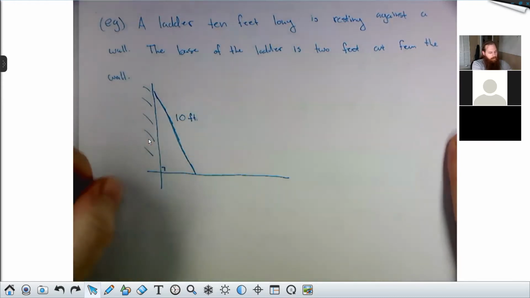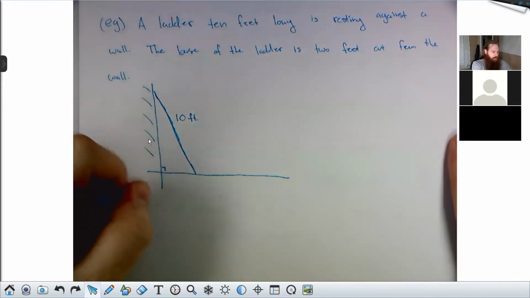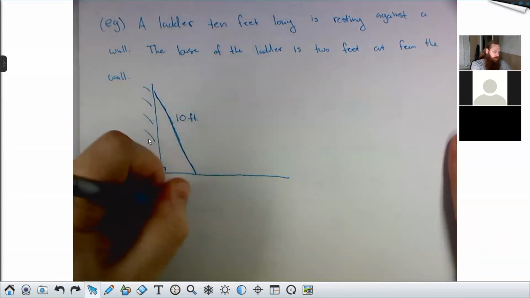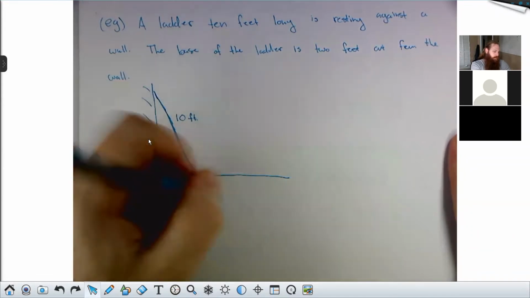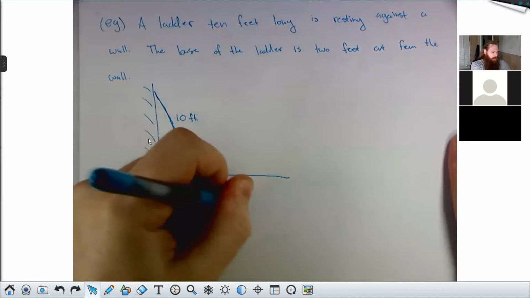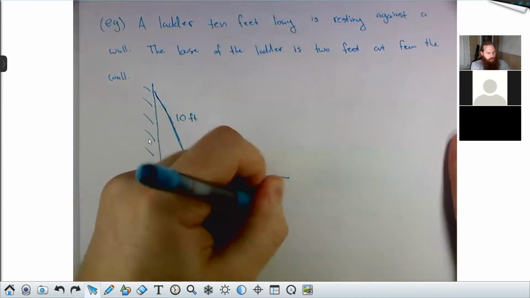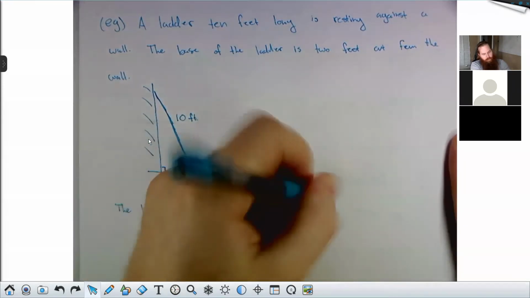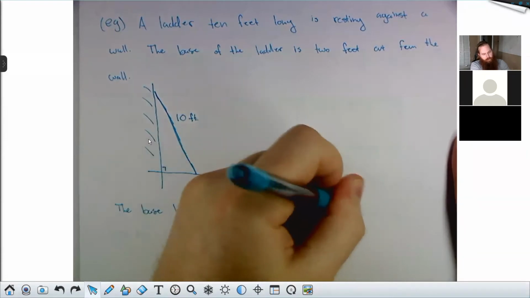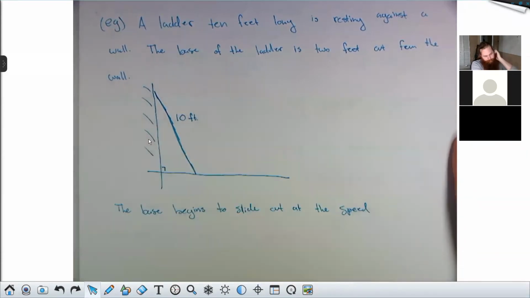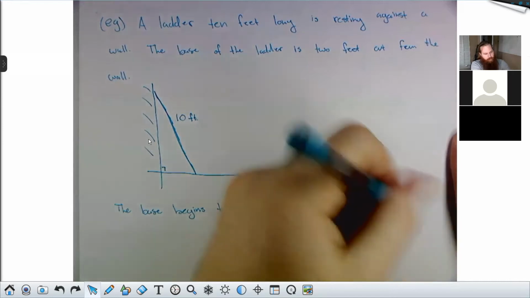The ladder begins to slide. The base begins to slide out at the rate, at the speed, 3 feet per second.